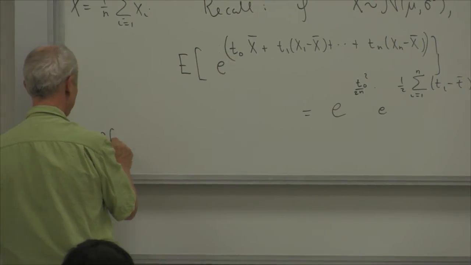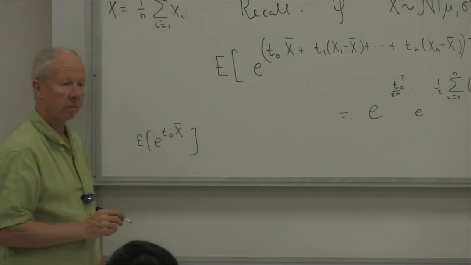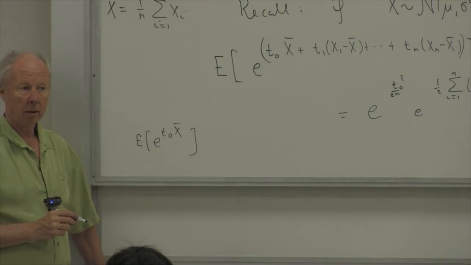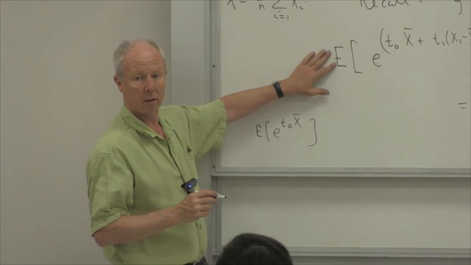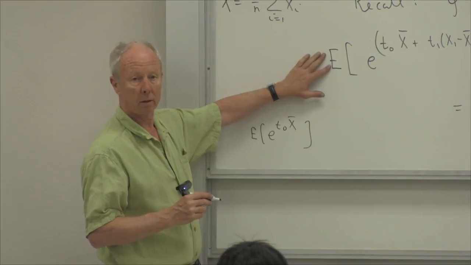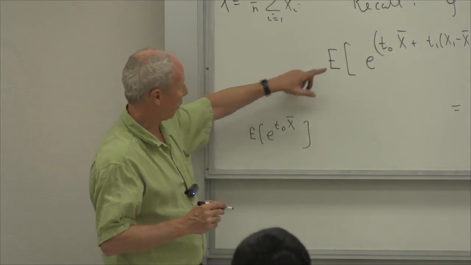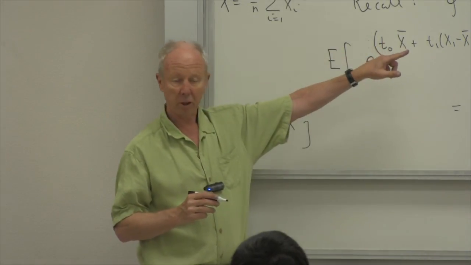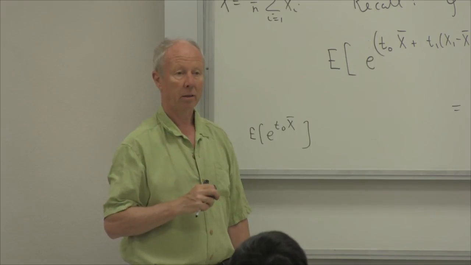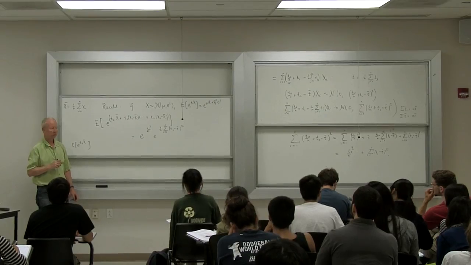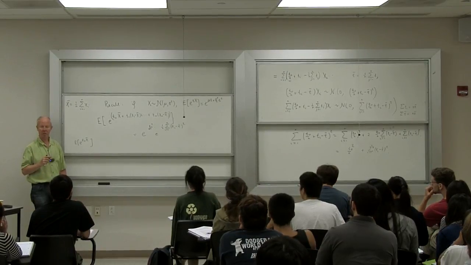What is the expected value of e to the t naught x bar? Can I get that from this? Is t naught x bar equal to what I see there for some choice of t1 through tn? Yeah, what choice? Take all the ti's to be 0 except t0.